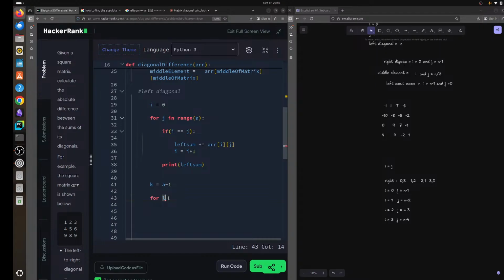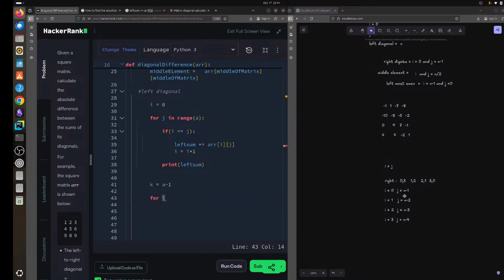The same condition you can put also, right? Whenever j equals to a minus 1, in a loop you will find a minus 1. Okay, fine.